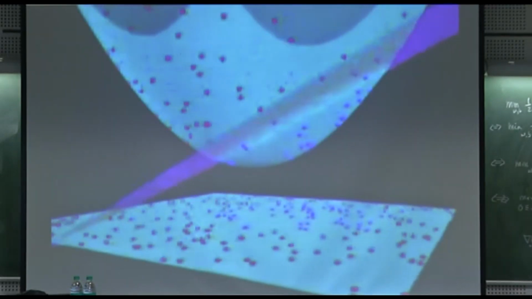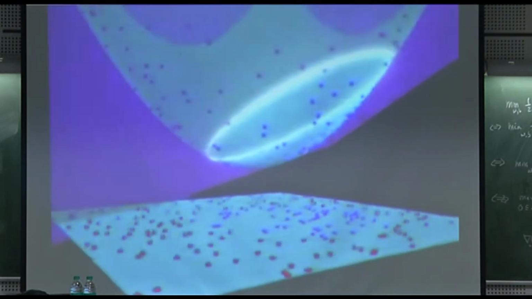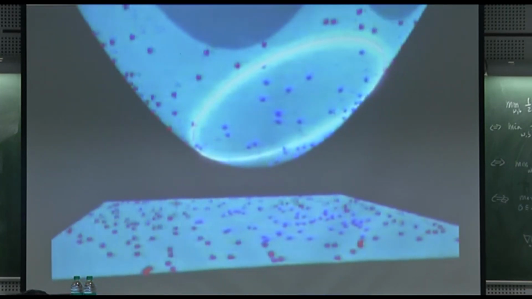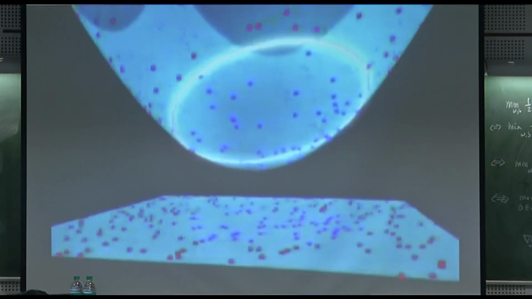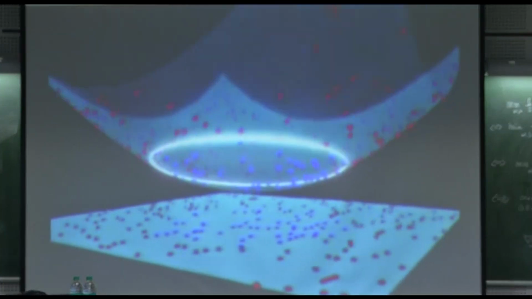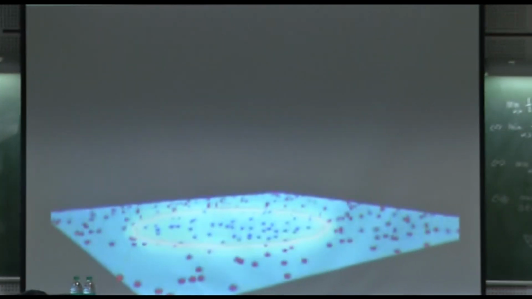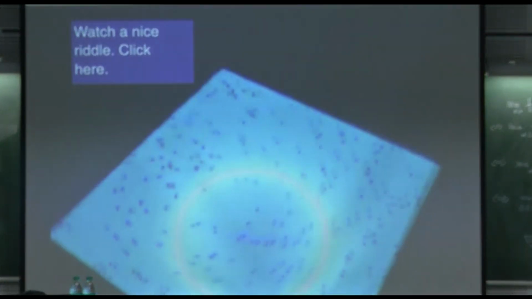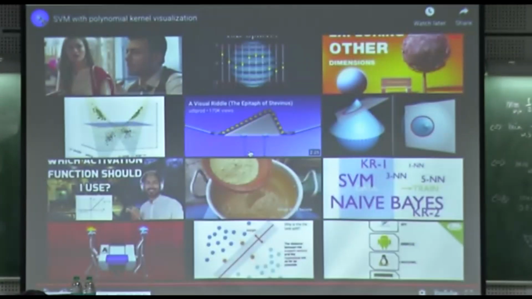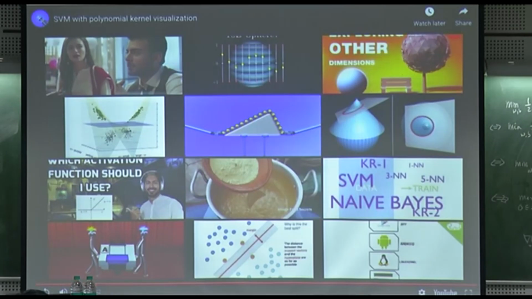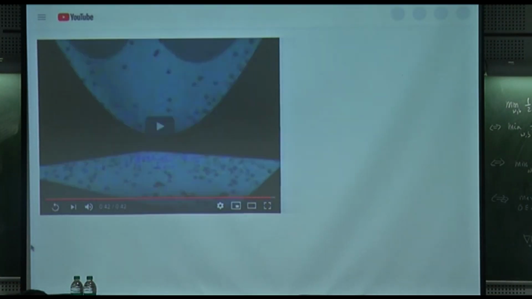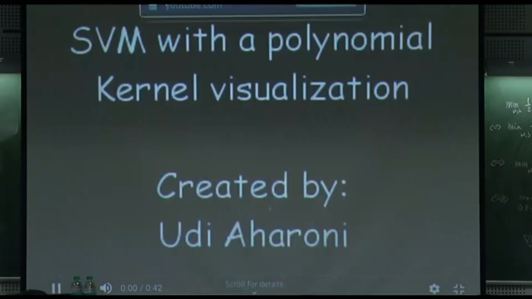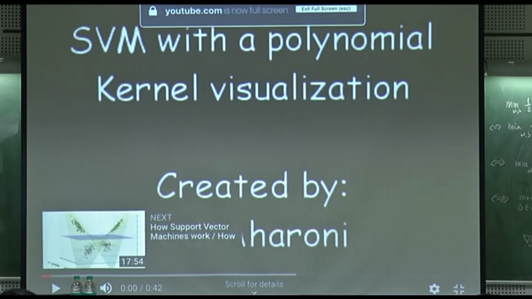The blues are below that line, the reds are above that line. And then when you project it back down, you get exactly the circle in between. Let me stop this so you'll be able to see what's going on.